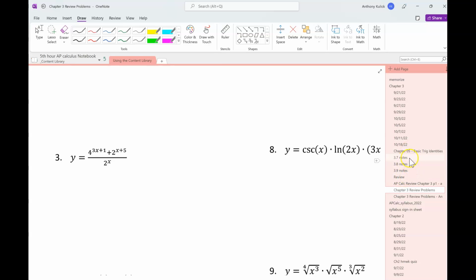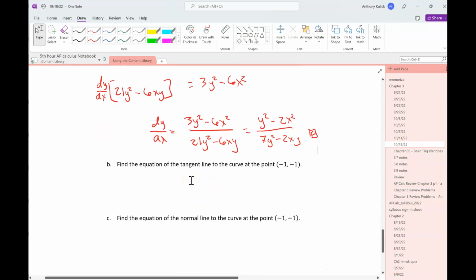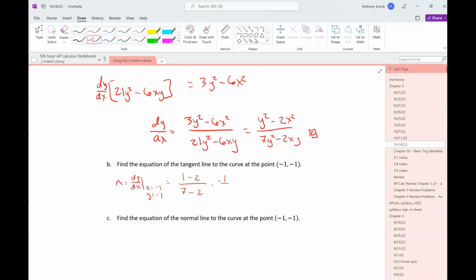All right, Mackenzie. Part B says we want to write the tangent line. The slope is just going to be the derivative evaluated when x is -1 and y is -1. If I do that, I get 1 minus 2 over 7 minus 2, so that's -1 over 5 for the slope.